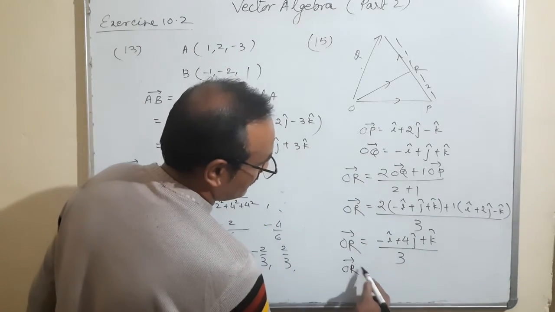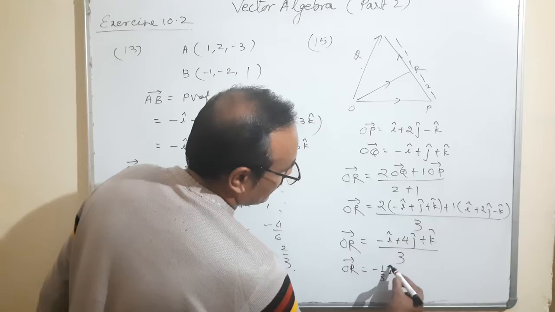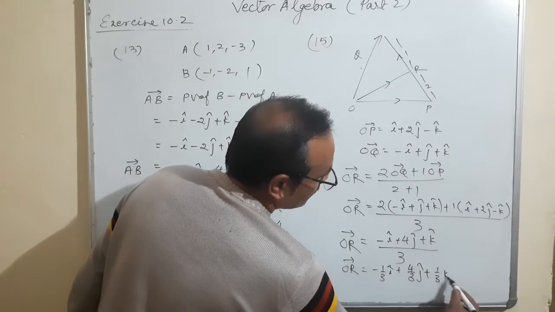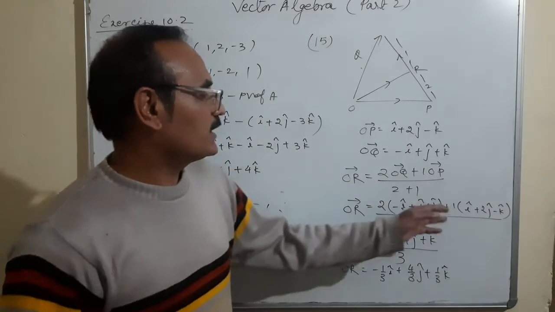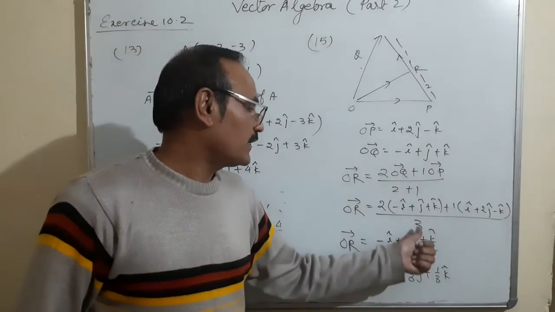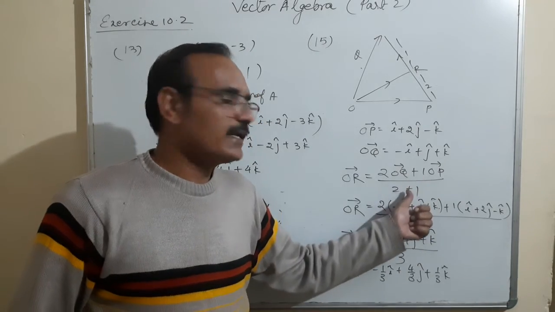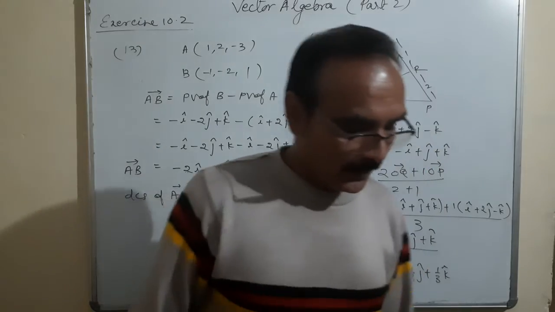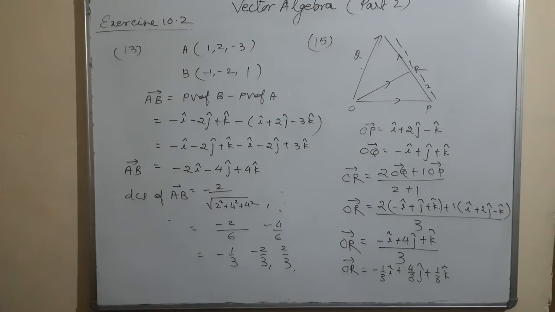That means the position vector of R is minus 1 upon 3 i plus 4 upon 3 j plus 1 upon 3 k. For internal division, there is a plus sign; for external division, the sign between the terms becomes minus, and it is also minus in the denominator, 2 minus 1. Are you getting this? That is question number 15.